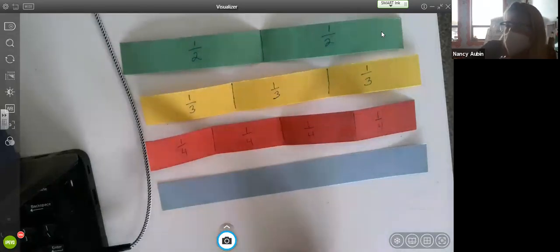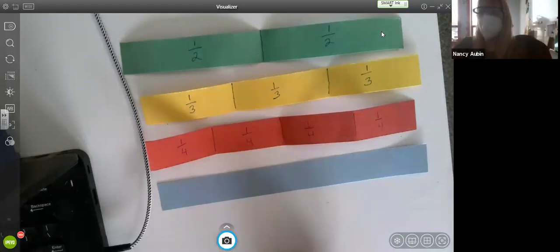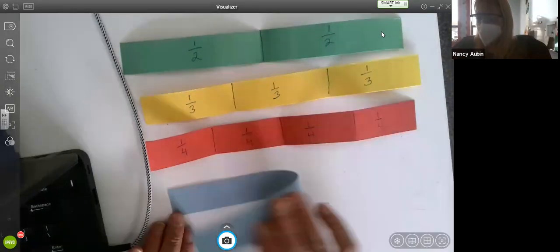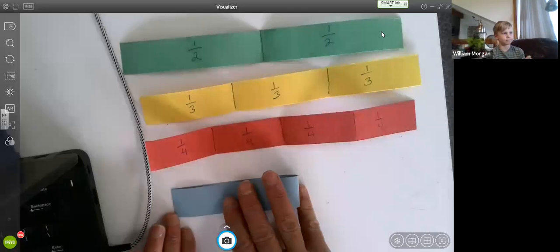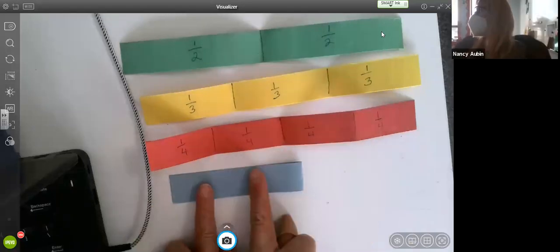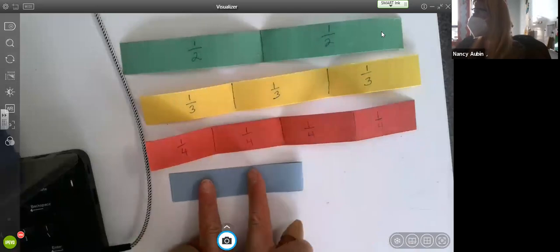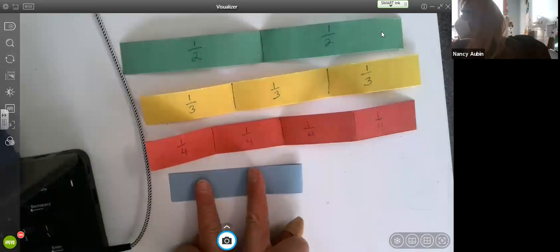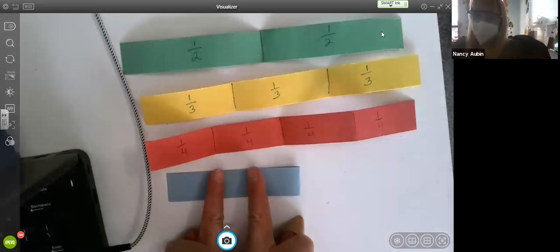But if I did half, all right, let me show you guys. Watch. You could start in half. Don't do it, just watch. Then I would have to eyeball it. I want 6. What is 2 times what equals 6? 3. So I could divide it into thirds.